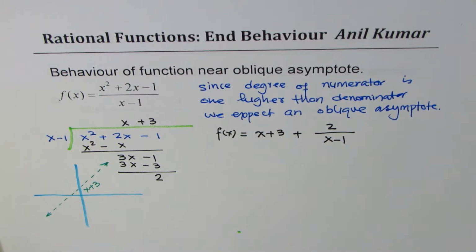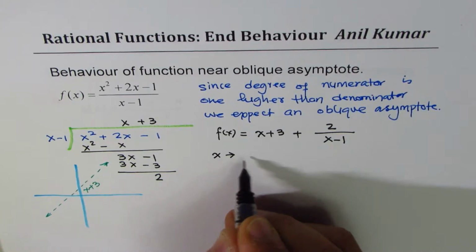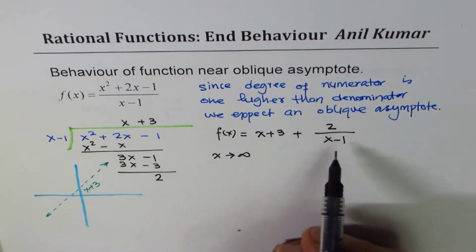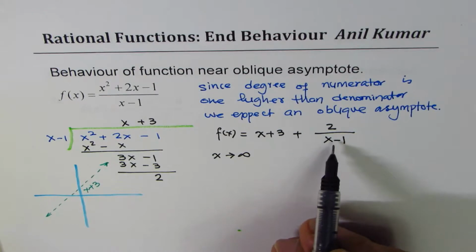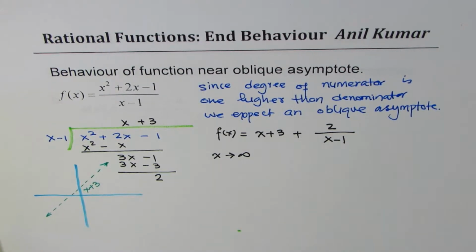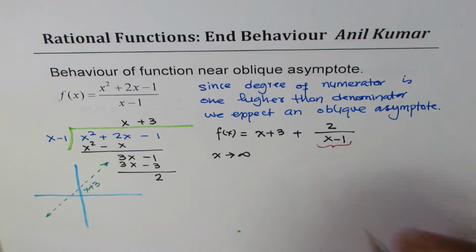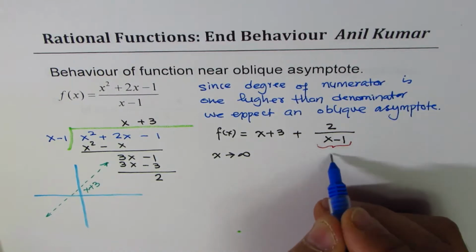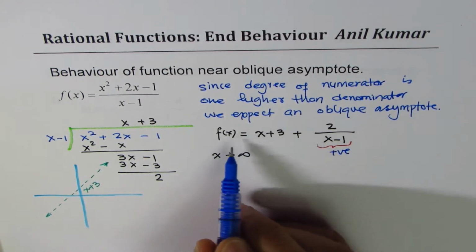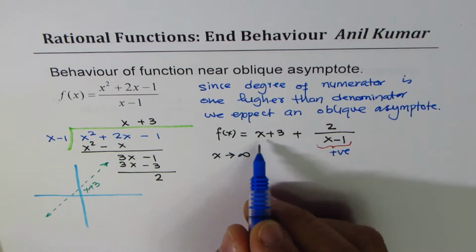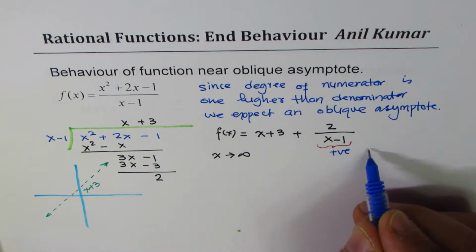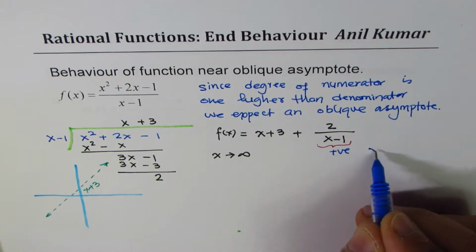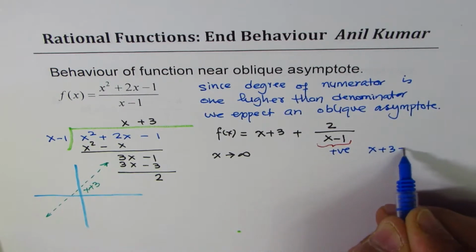Now to find the behavior, let's consider when x is positively large. If x is a large positive value, you could actually substitute 1000 here and just check. Then what do we have? This quantity is positive, right? Positive means f of x is x plus 3 plus something.